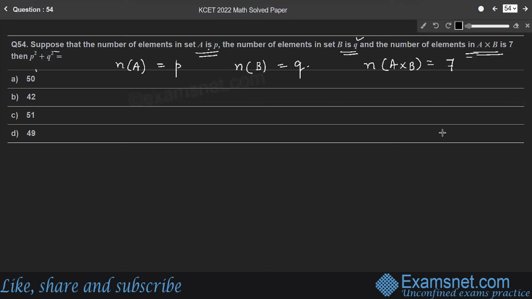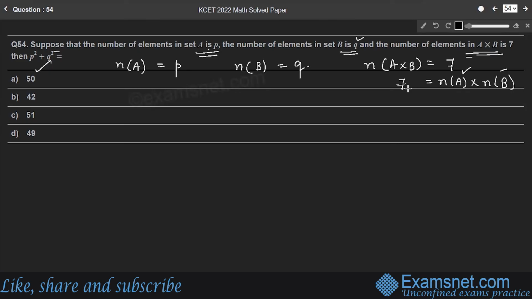So here we need the value of P and Q. For that, we'll consider n of A cross B, which is equal to n of A into n of B, the number of elements in set A into the number of elements in set B, which is equal to 7. So possible values for the number of elements in sets A and B are 7 and 1. Since 7 is a prime number, its factors are the number itself, which is 7, and 1, right?